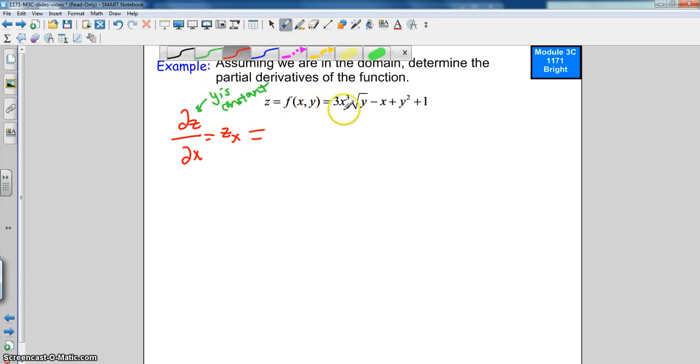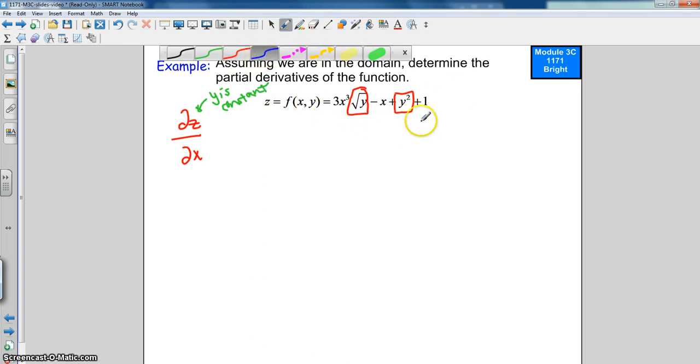When I go through this, let's look at this thing first. This is now a constant, and this is a constant. So what I'll do before I actually do the derivative is just rewrite it and regroup it.